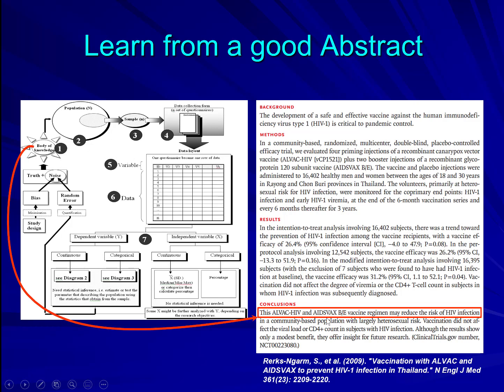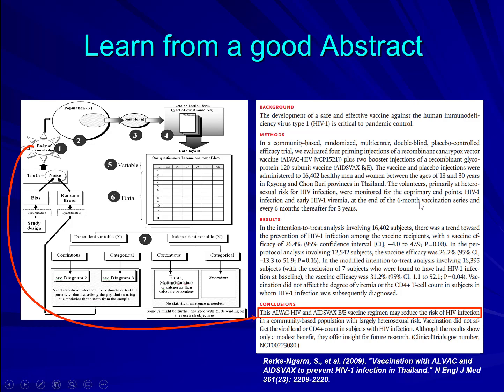So here, it's a study that compares groups who receive the experimental vaccine and another group who receive the placebo, or the control group, and follows them for some time to see the endpoint of HIV infection.